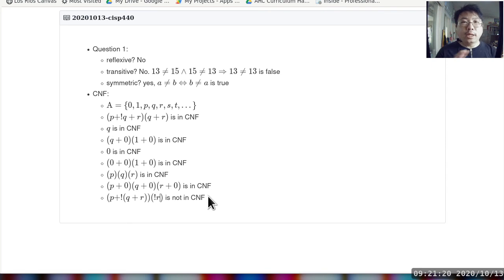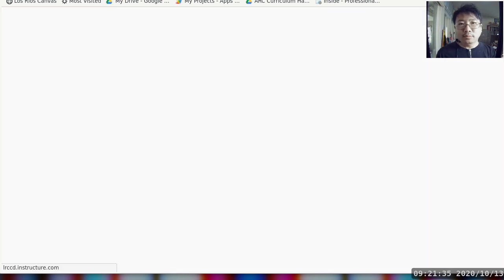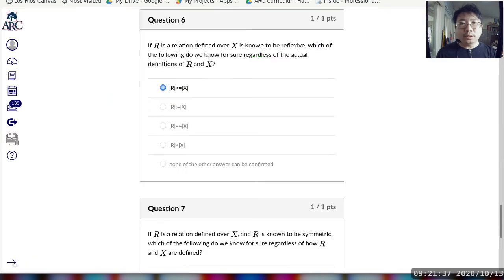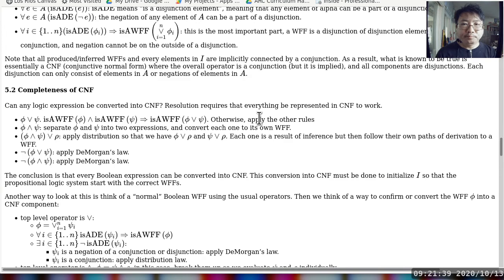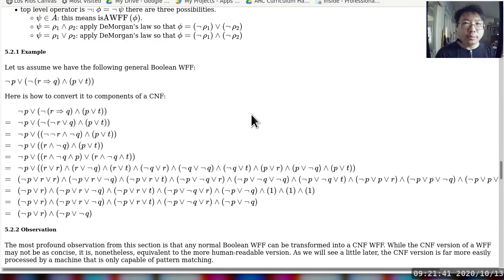All right, so I'm showing some examples of what is considered a conjunctive normal form. Now the question is, can we convert every legitimate Boolean expression to conjunctive normal form? The answer is yes. When we look back at the notes, there's a particular example, section 5.2.1.